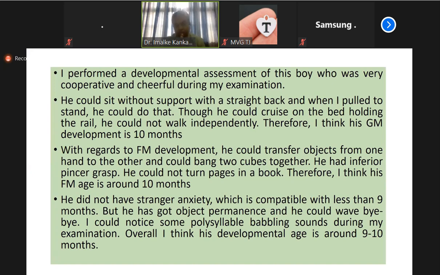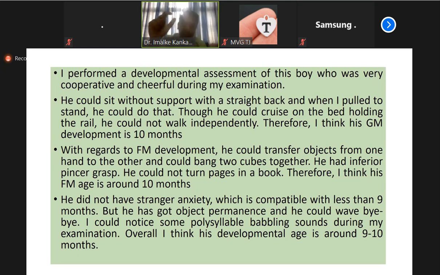It's important to have a milestone which he could not perform. That is the age mark. You're going to say, this child is not beyond that level, but beyond the level before that, so in between. He did not have stranger anxiety, which is compatible with less than 9 months.